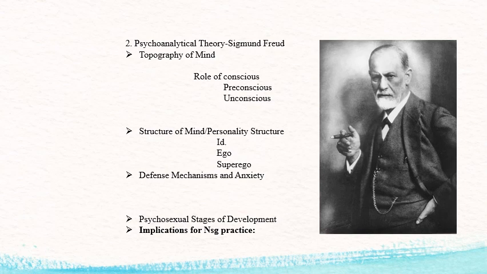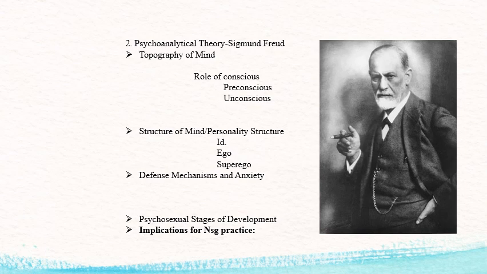Just a quick review: the id is our instinctual drives and impulses. Our ego is basically our reality of the external world. The superego is our perfection principle, where we are internalizing values and morals that have been set forth by our parents or as we were raised.